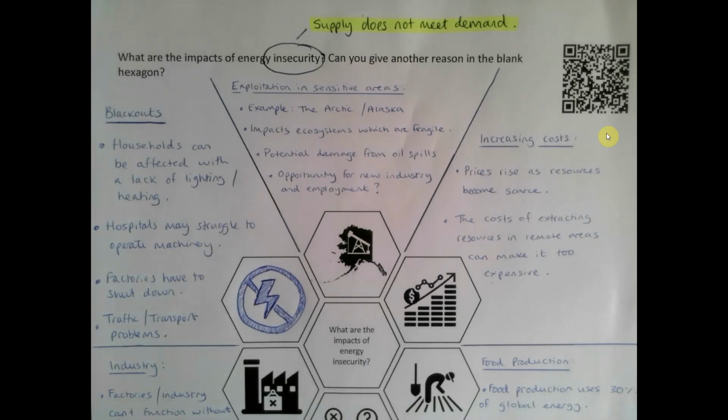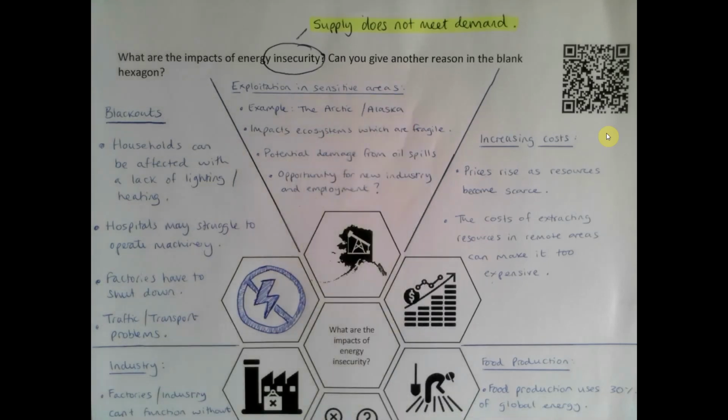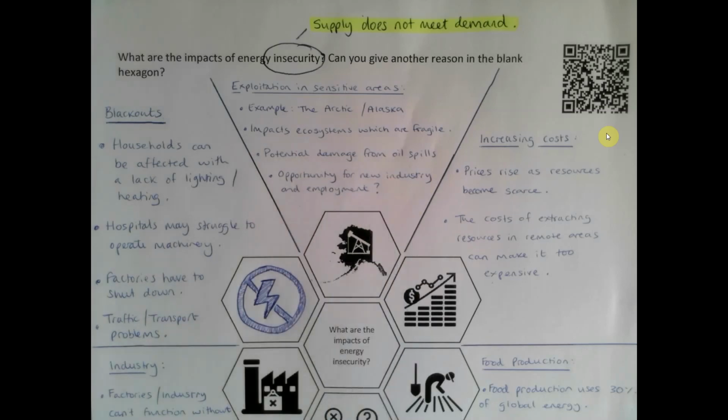We're going to focus a little bit more on the Arctic with this example here, particularly places like Alaska in the USA. Alaska has large oil reserves, but in the past people were put off from exploiting them because of the concern of the impact that that could have on the ecosystem, which is very fragile in those cold regions, particularly worried about the potential damage that might occur from oil spills as a result of transporting that oil either via pipeline, which could leak, or via oil tankers, which could crash and leak oil into the ocean.